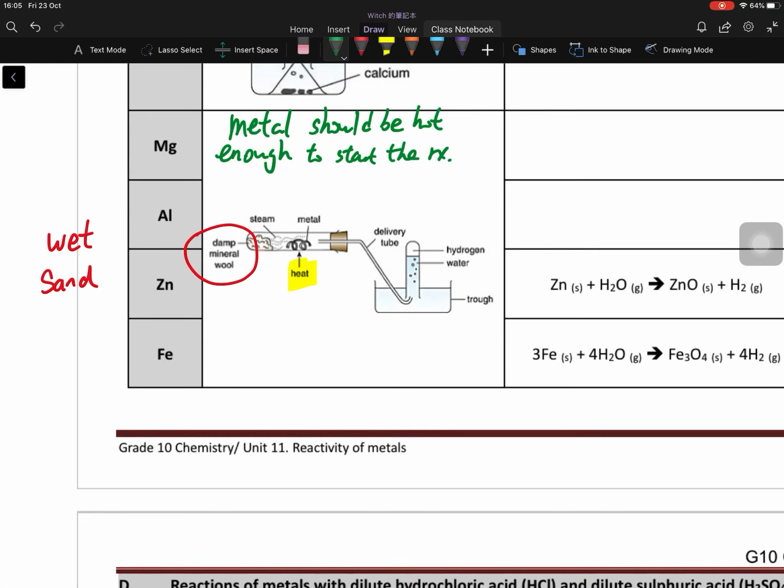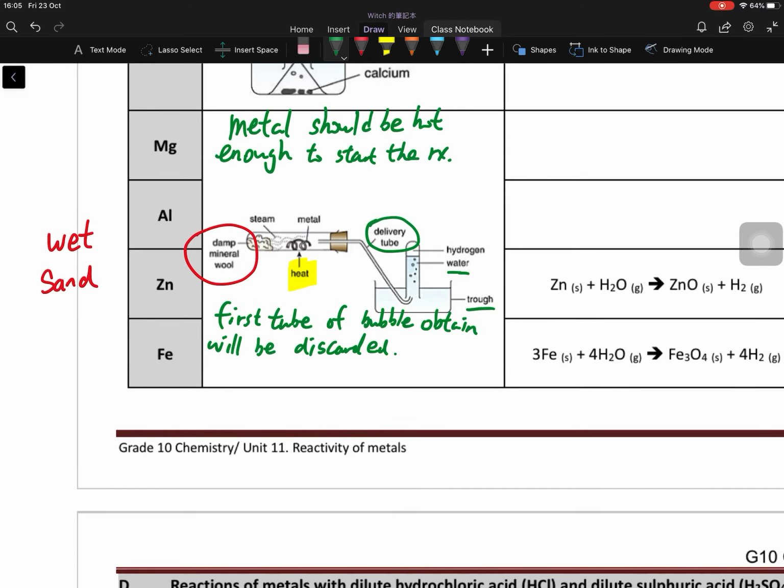Next, we have a delivery tube, and finally, how can we collect the gas bubbles, the hydrogen? Well, we use a trough with water. That is simple. But during the process, the first tube of bubbles obtained will be discarded.